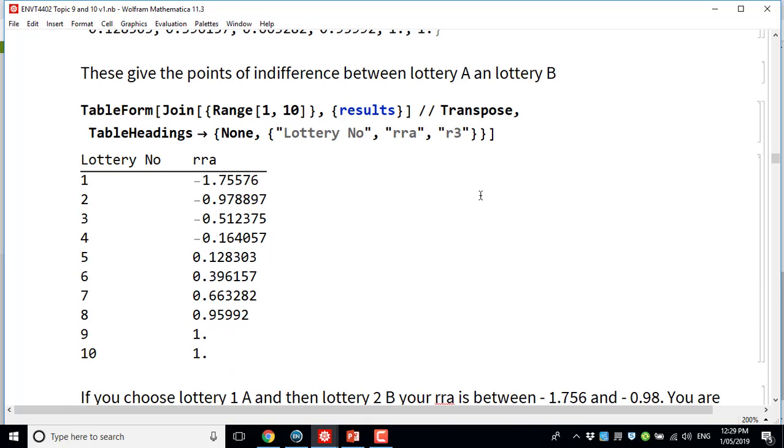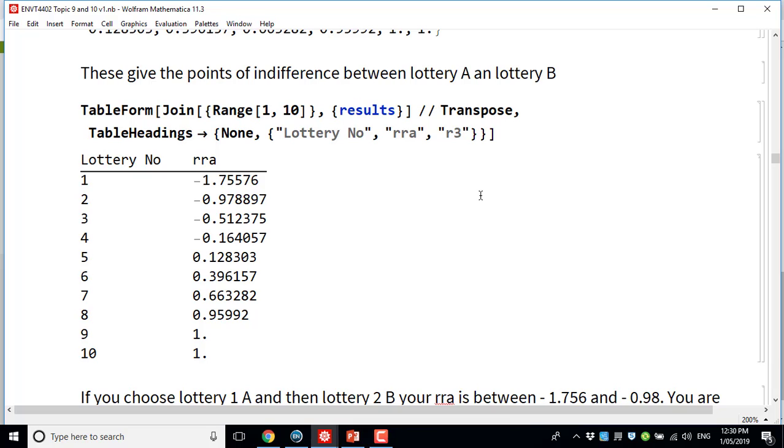Here, for this lottery, I have selected option A, and I'm risk averse. Here I've selected option A, I'm still risk averse. Here I have selected option A again, so I'm risk averse. Here I have selected option B, so I have gone for a riskier option.